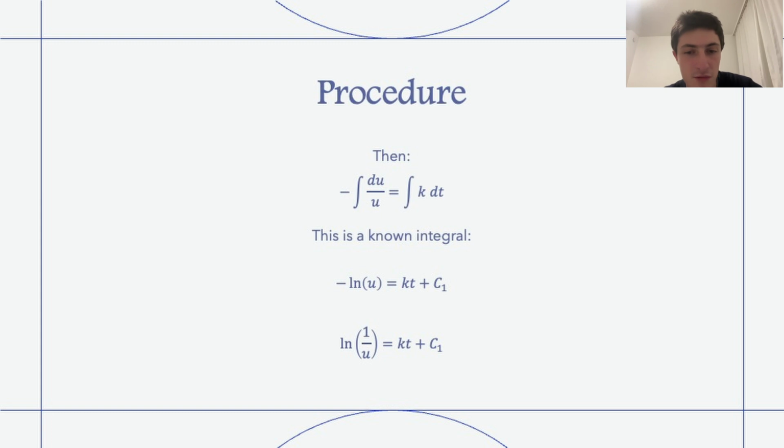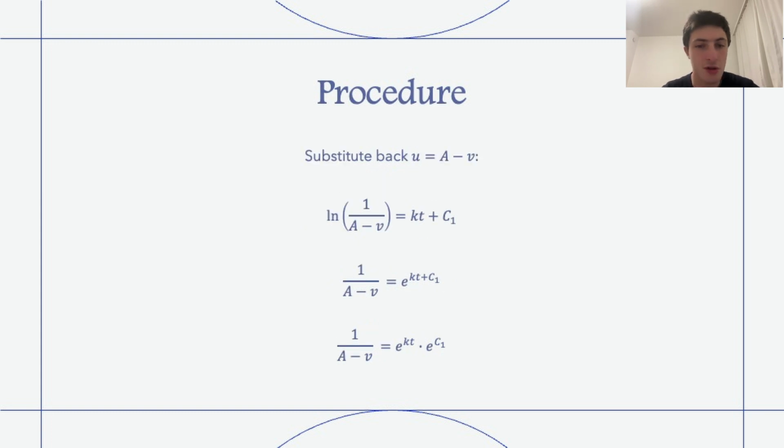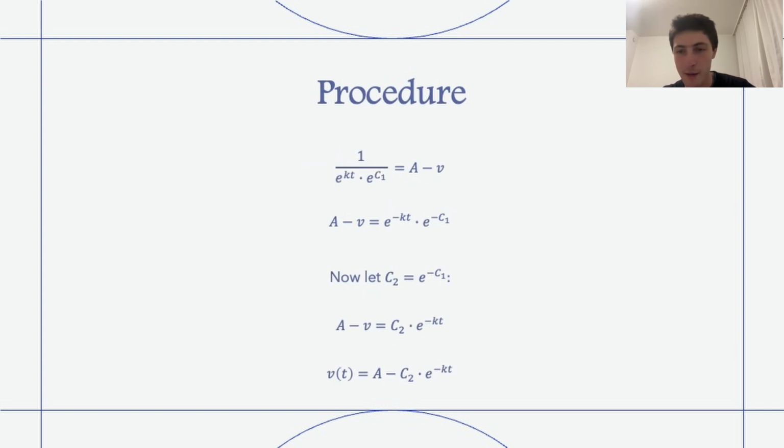Then we can just solve for this value of u, which we know to be a minus v. And we will find in the end, after all these procedures, that a minus v is equal to e to the power of minus kt times e to the minus c1, which then we will call c2.